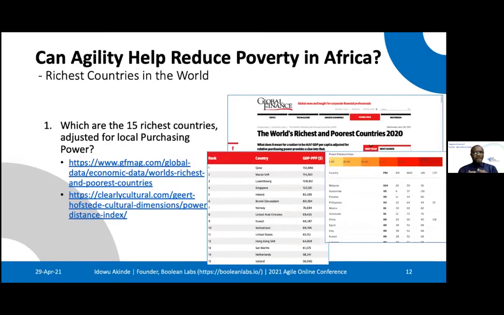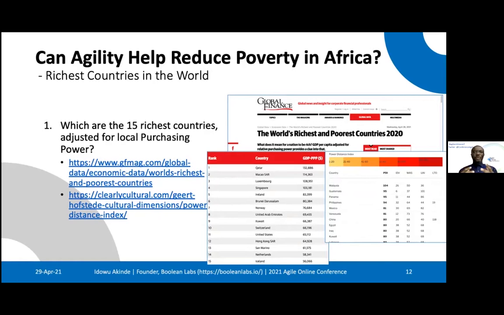Like I said earlier, it's not entirely reasonable to compare the absolute GDP of the average New Yorker with the absolute GDP of the average Lagosian, because what a dollar can buy in New York is not the same as what a naira can buy in Lagos. I use the example of a meal.